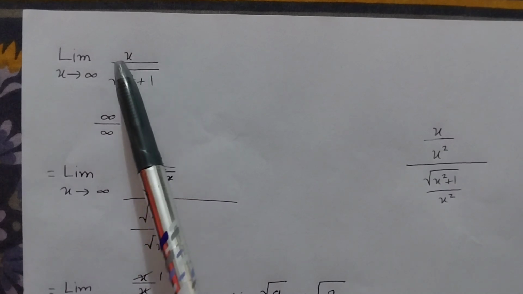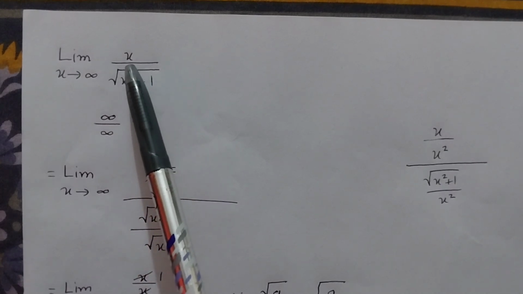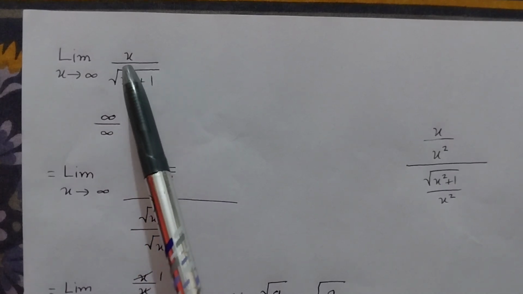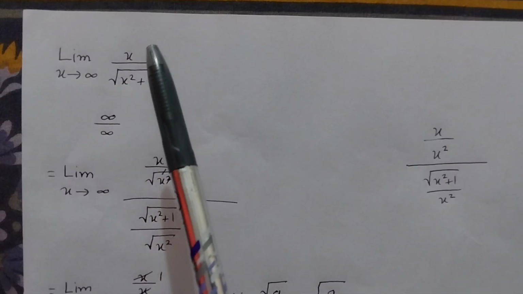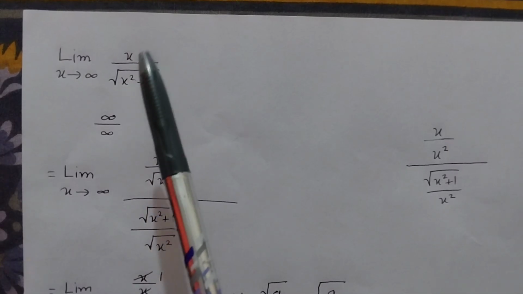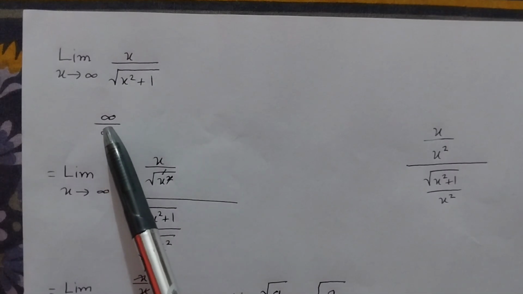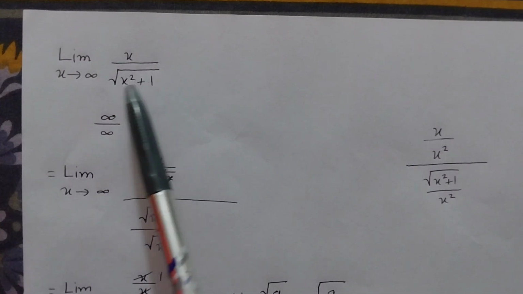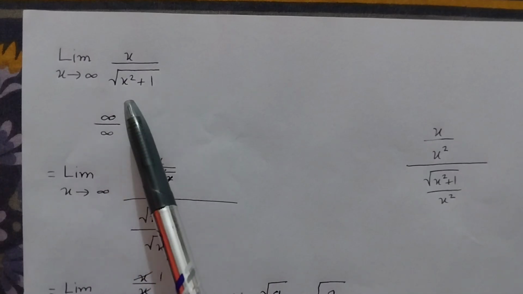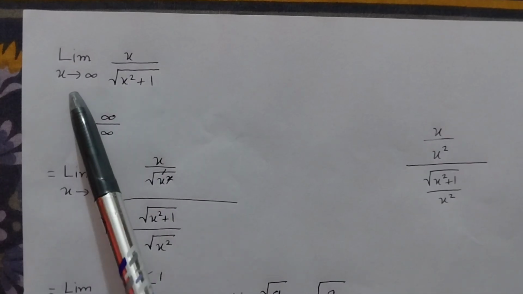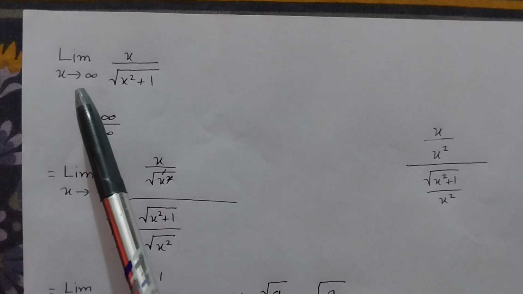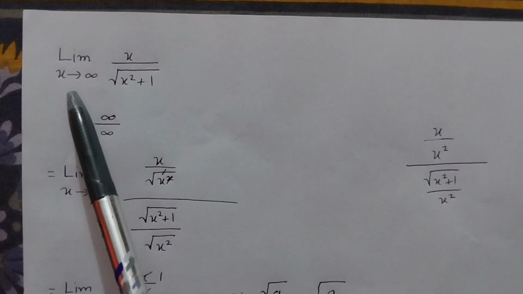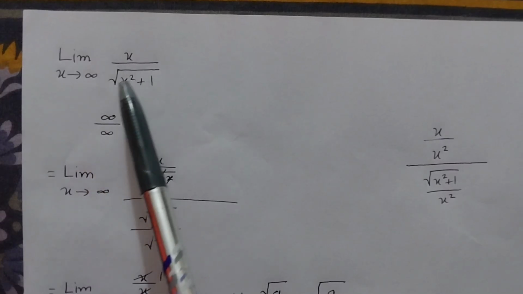So in the numerator we have x. x is a very large positive number. It is getting bigger and bigger. So in the numerator we'll have infinity over, in the denominator, the square root of x squared plus 1. x is approaching infinity, meaning it is a very large positive number.